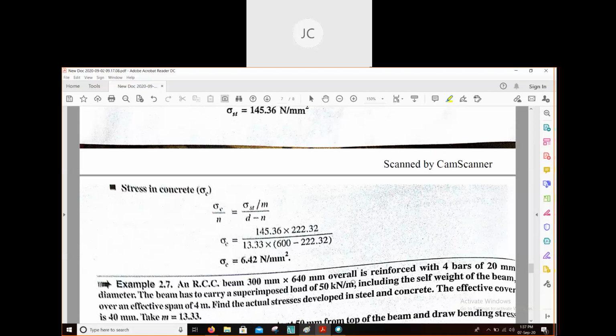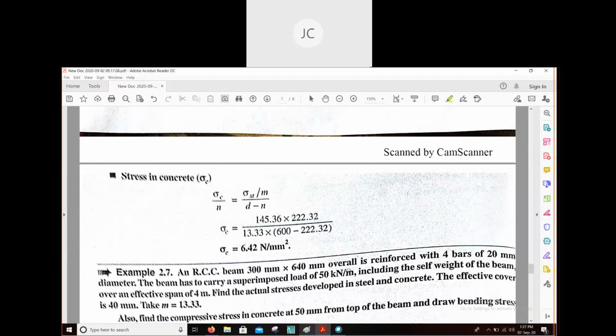Now this value is given, this value we will use later on. Actual stresses developed in steel and concrete. So now you find out the value of depth of neutral axis. Find out the value of n.